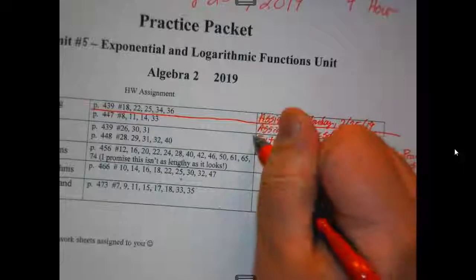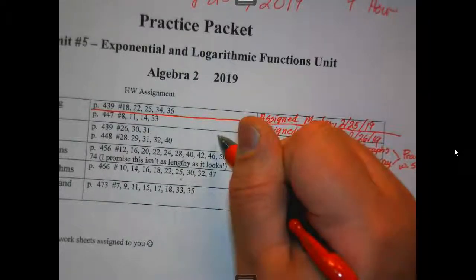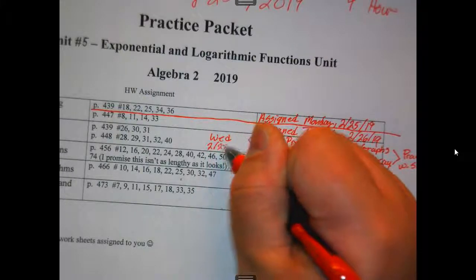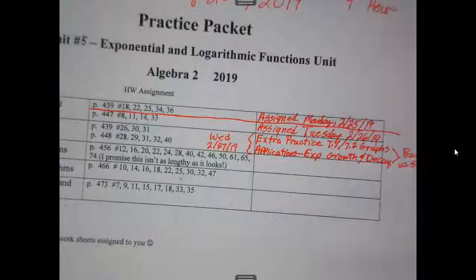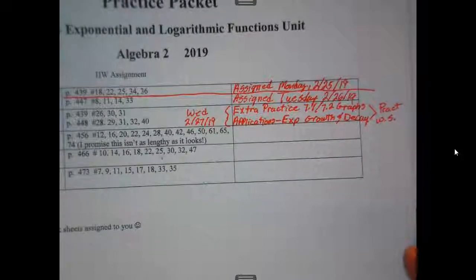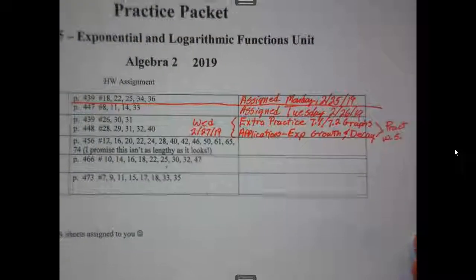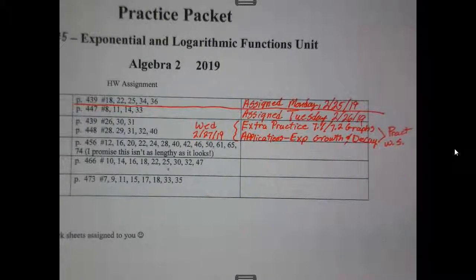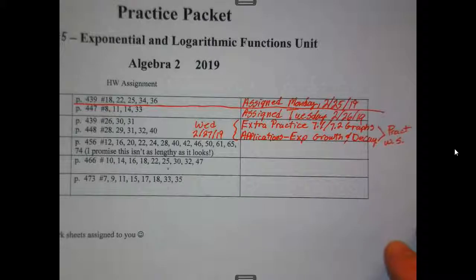And I am assigning these on Wednesday, 2/27/19. Yep. Questions, comments, concerns? Yes. They're up on top. Titled.